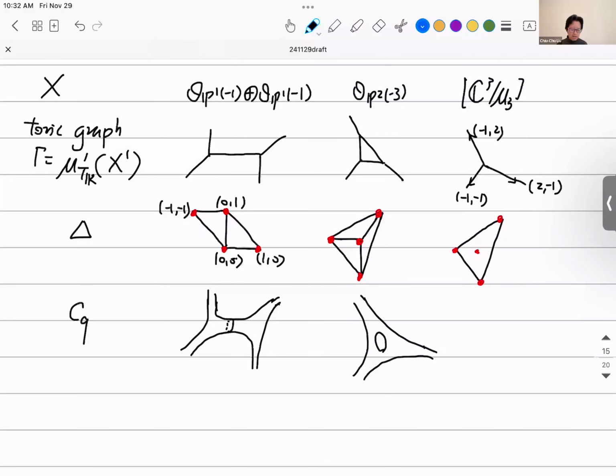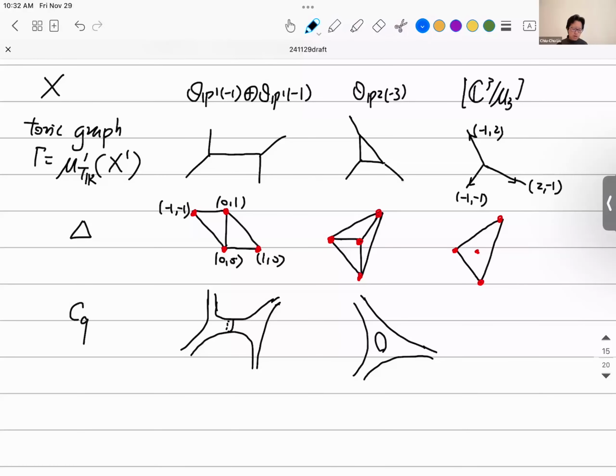On X, there's an action of the three-dimensional compact torus. So there's a moment map. And under our condition, the image of the moment map will be a convex polyhedron. It's not a polytope because it's unbounded.